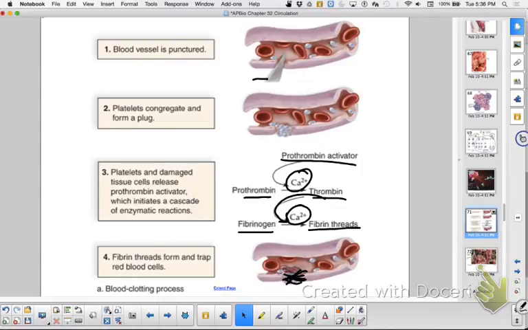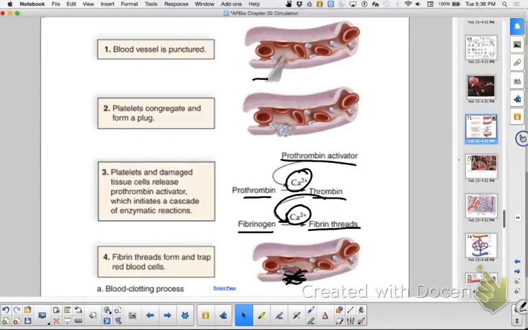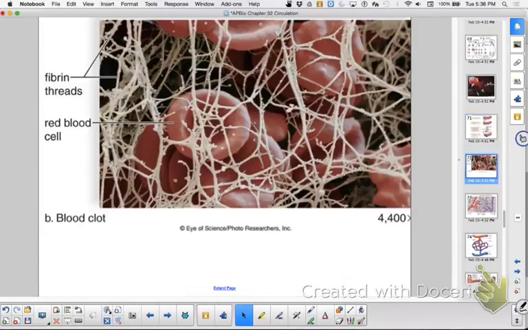The red blood cells get stuck in them, and then they can form a clot. Okay, so platelets at wound with damaged tissue start an enzymatic process ending with fibrin threads forming a framework for a clot. If you have trouble clotting your blood, it's referred to as hemophilia, an inherited clotting disorder. Okay, you're almost done.